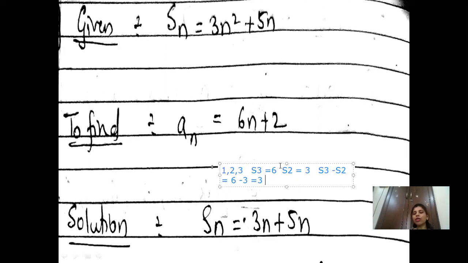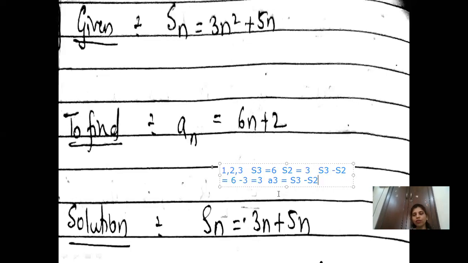So whichever term you want to find, you have to write the sum up to that term minus the sum up to the previous term. That is how we figure out the formula. A3, the third term, is equal to the sum of 3 terms minus the sum of 2 terms.